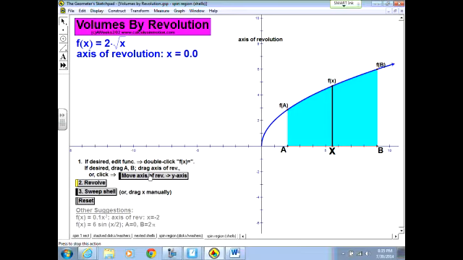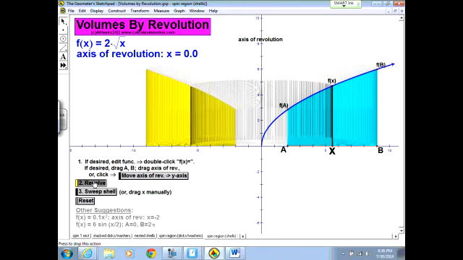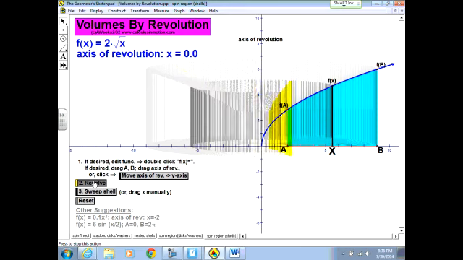So instead of rotating the region and then slicing, or you can think of it as we're slicing up the area into rectangles, kind of like we did with our Riemann sums in the beginning, and then rotating the rectangles around. So this is what we would get when we rotate this region around.